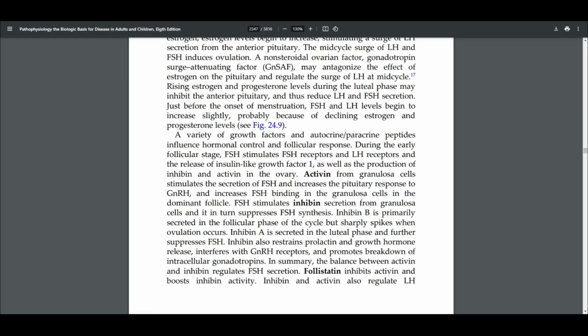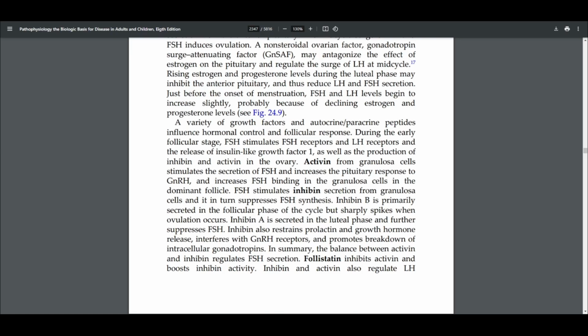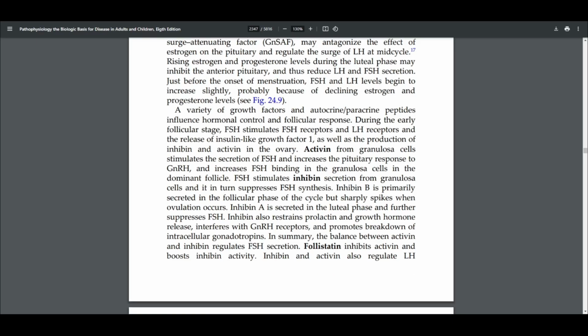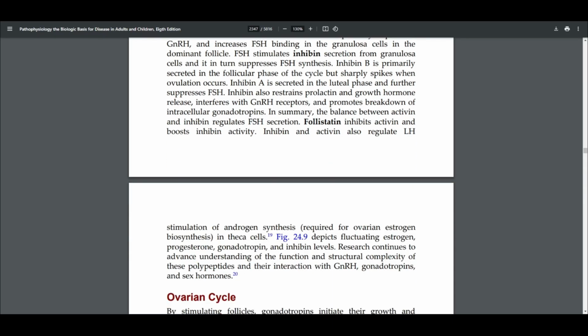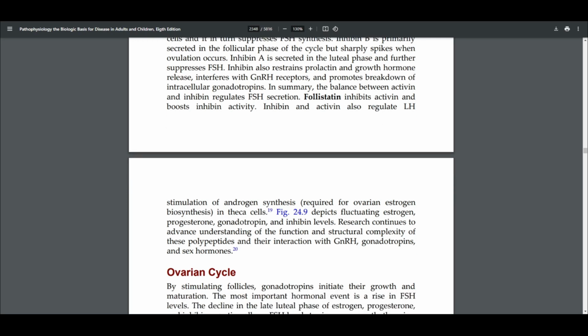So, in summary, the balance between activin and inhibin regulates FSH secretion. Follistatin inhibits activin and boosts inhibin activity. Inhibin and activin also regulate luteinizing stimulation of androgen synthesis in the theca cells.